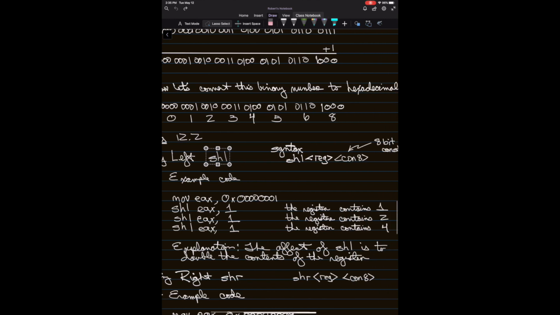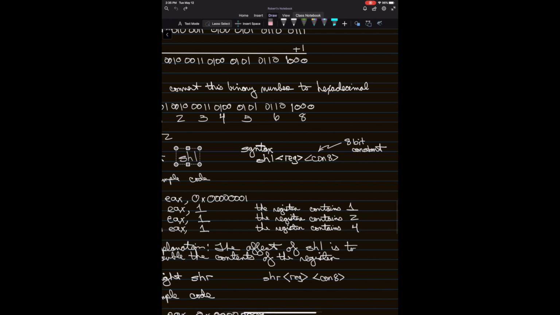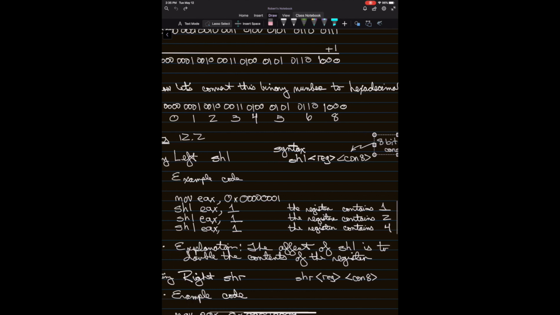In terms of the syntax, you're just simply going to be using SHL. You're going to indicate what register it is that you want to shift, and then you're going to give the amount of the shift, which in this particular syntax is going to be an 8-bit constant. All right, we'll take a look at that in just a moment.